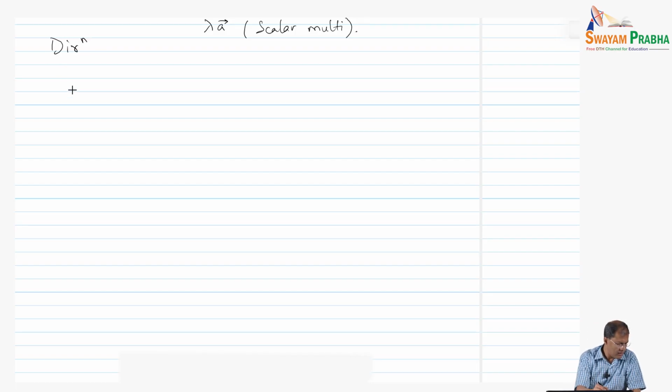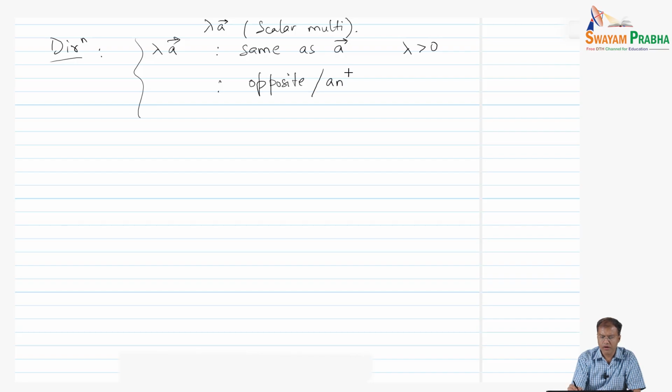Suppose the direction of this scalar multiple lambda times A is the same as A if lambda is positive, and the direction is opposite, or the correct word would be anti-parallel to A, if lambda is negative.